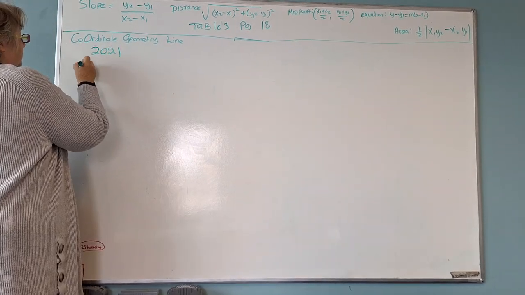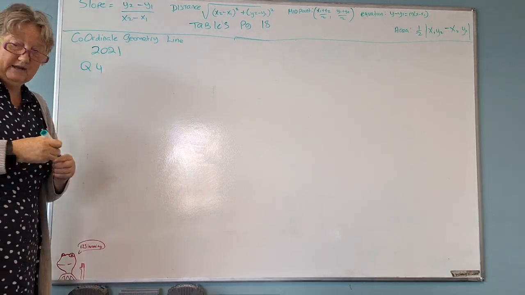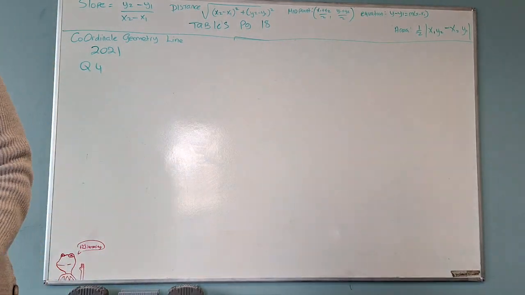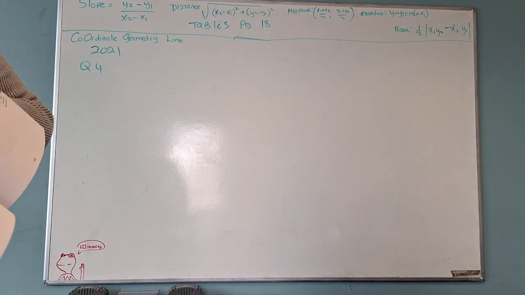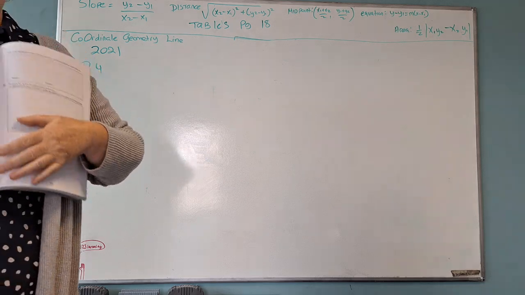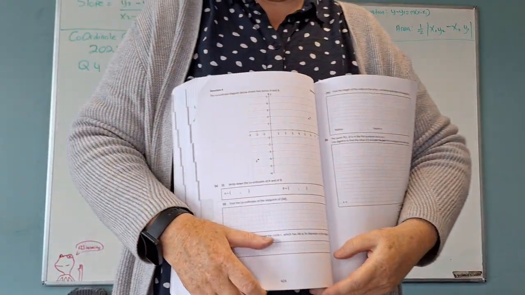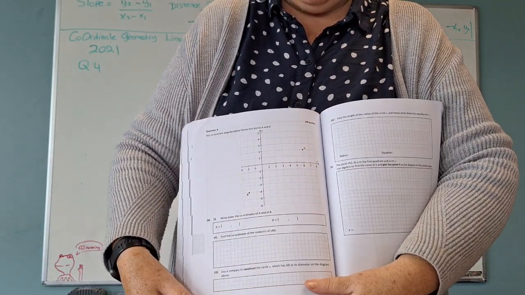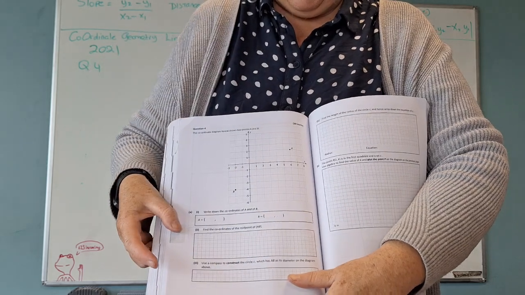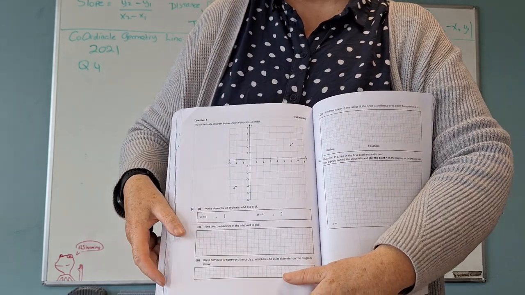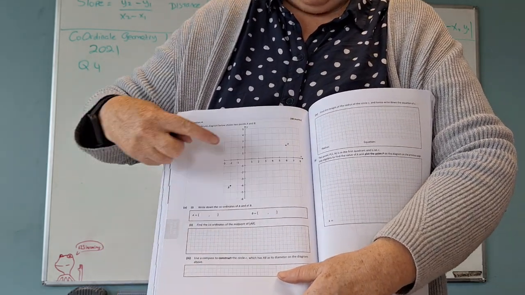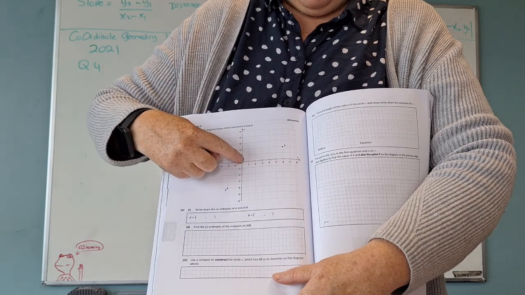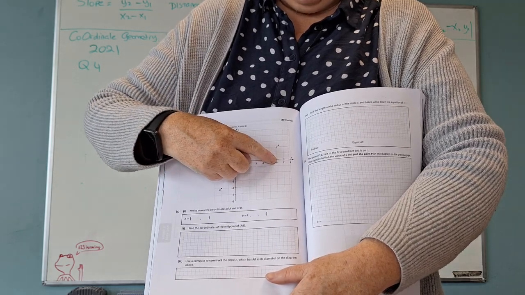Okay, 2021, question 4. And it starts off with a diagram. And you're given 2 points, A and B, and you simply have to read the points. So to find out what the point A is, first of all, see how much you go over.